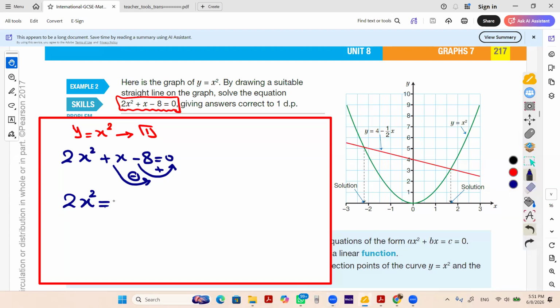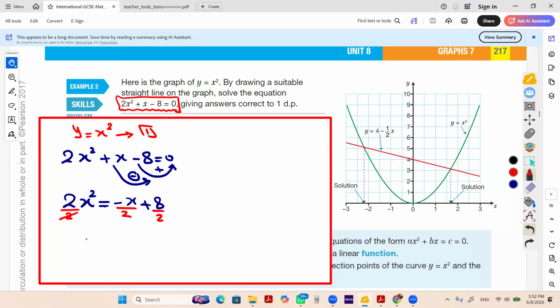Sir, maybe we take it to be negative x and 8. Good. Negative x plus 8. But we have to get x squared only, so we just remove the 2. Over 2 for the first term, over 2 here, over 2 also here.